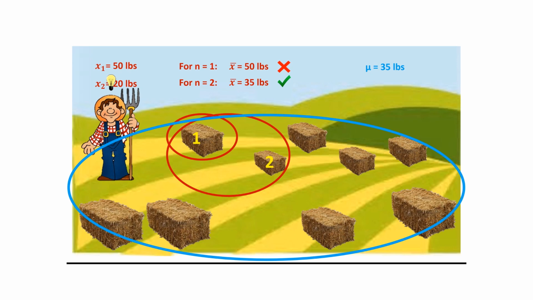In other words, increasing the size of our sample allowed us to average out the more extreme values in our sample. The variability in the values of the sample means decreases as the sample size increases. This is why increasing the sample size gets us sample means closer to the population mean.